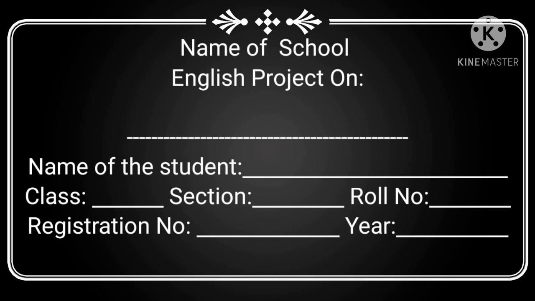But please do include all these details in your cover page: the name of your project, that is the topic that you have chosen, your school's name, your name, class, section, roll number, registration number, and year.